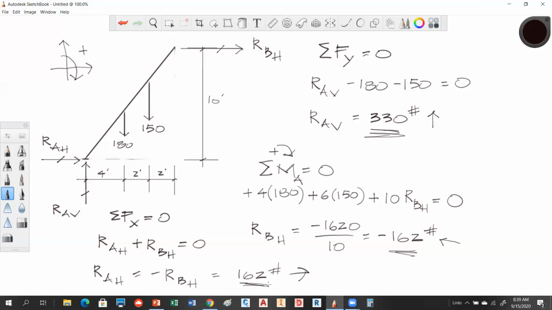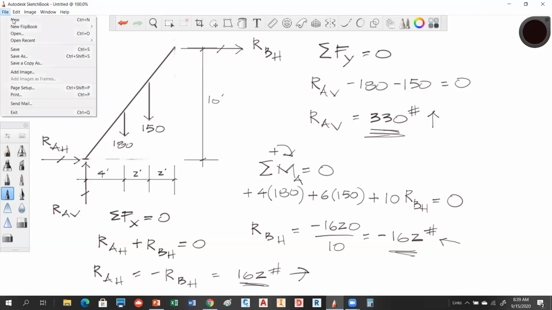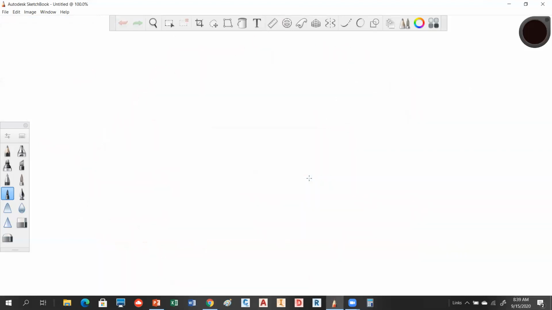All right, so we're going to take a look at one that's a little bit more involved. Give me a few minutes, I'm going to clean this up. We're going to have a bracket that's kind of a cross-arm bracket. Give me a minute to draw it here. I'm going to draw it very simplistically.